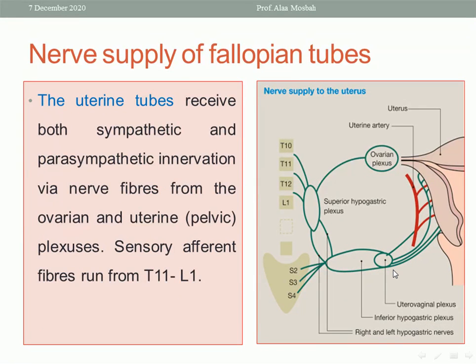The uterine tube receives both sympathetic and parasympathetic innervation via nerve fibers from the ovarian and uterine plexus. Sensory afferent fibers run from thoracic 11 up to lumbar 1.